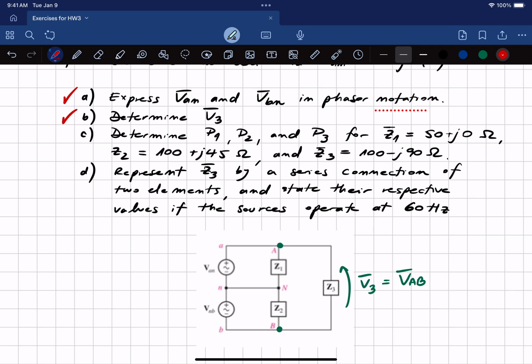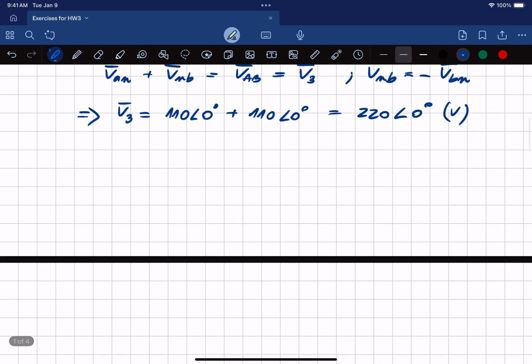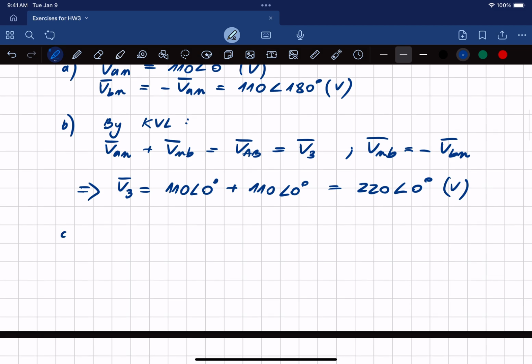It says determine P1, P2, and P3. So now we know the magnitudes and angles for each impedance, and now we can simply calculate power. What I would say is the easiest way to go about it, and what I usually recommend, is let's calculate current. We have voltage, we have impedance, then we simply identify what each thing is.